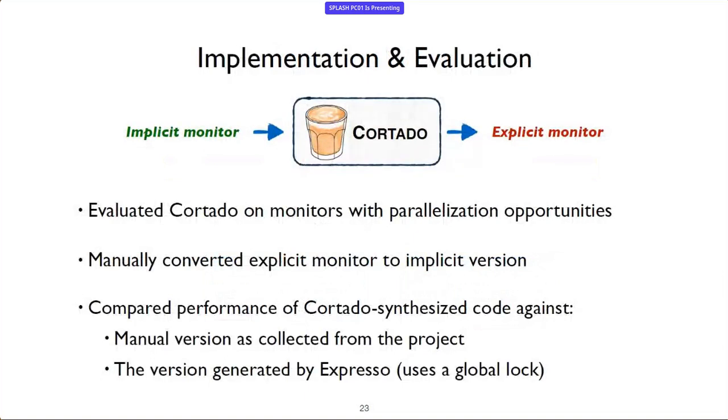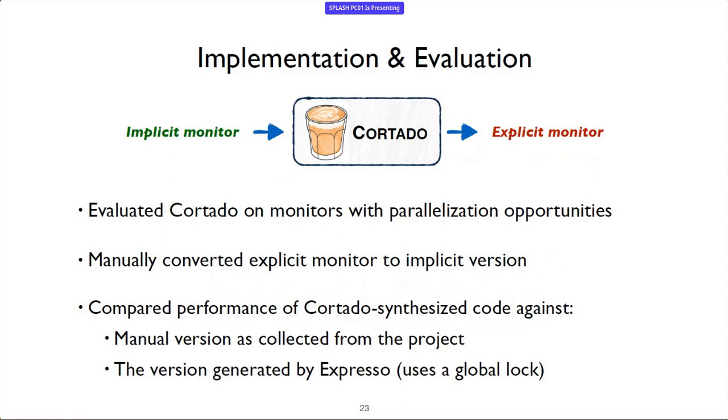Okay, so that's all the technical detail. Let me also tell you a little bit about our implementation. So we evaluated our tool, which by the way is called Cortado because it's the successor of our previous one, Espresso. And we evaluated it on monitors that are taken from widely used Java projects that do contain parallelization opportunities. And then we compared the performance of the Cortado synthesized code against two baselines.